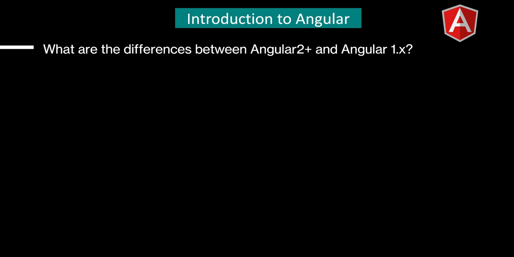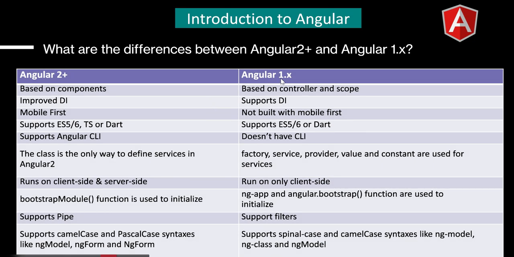So let's understand the difference between Angular 2 plus and Angular 1.x that we have discussed. Angular 1.x is based on the controller and scope level, whereas Angular 2 plus, from 2 to 17, is component based, and dependency injection support is vastly improved in Angular 2 plus.